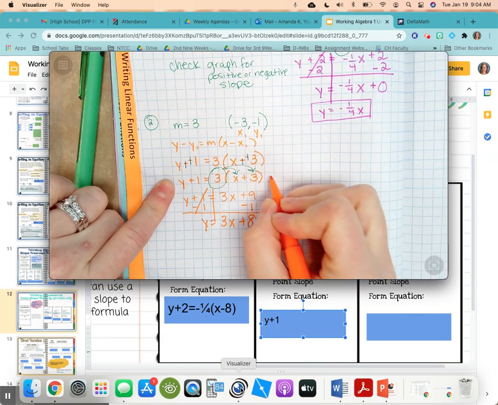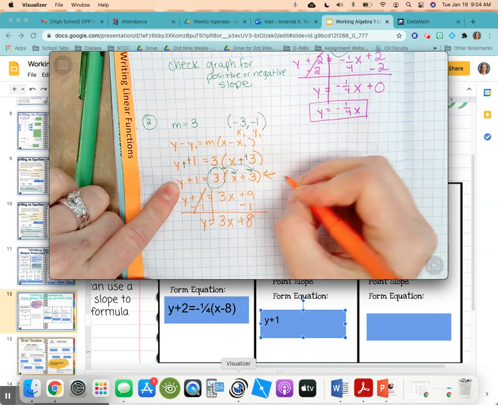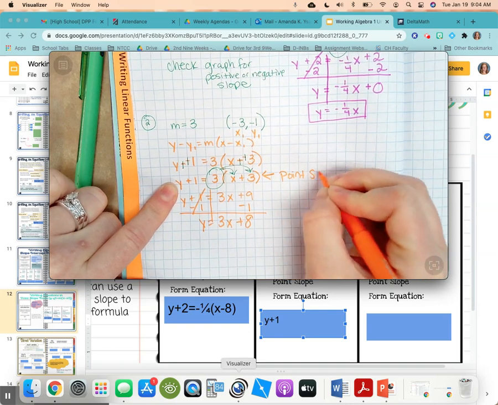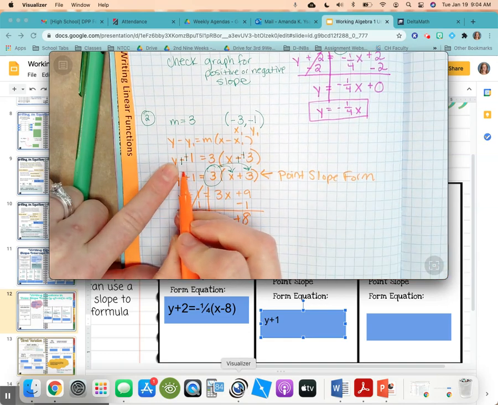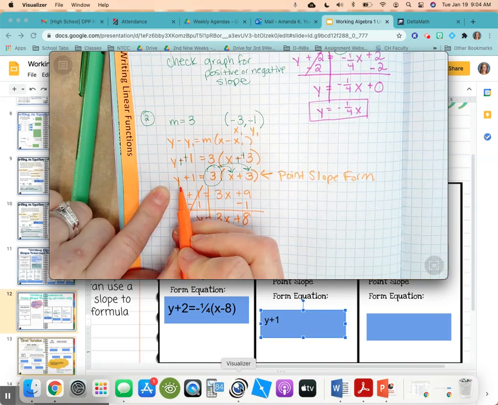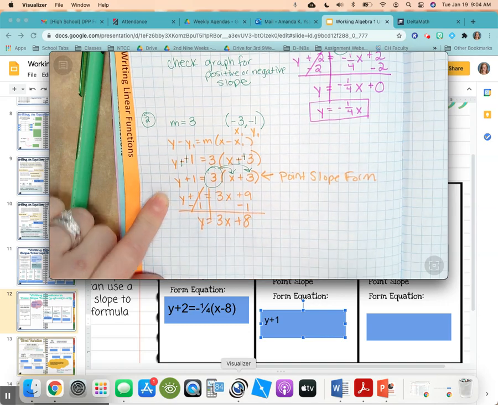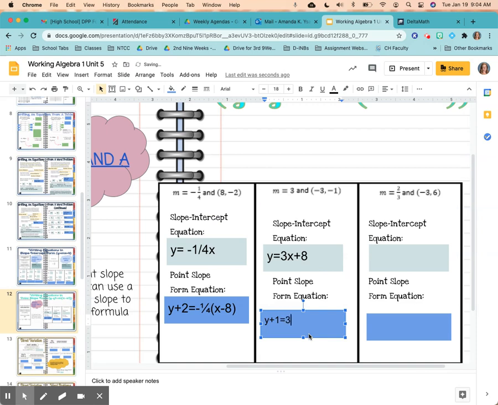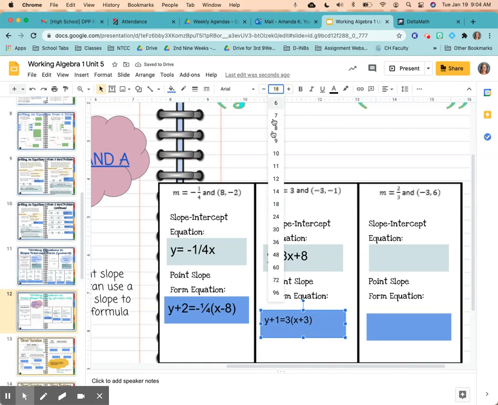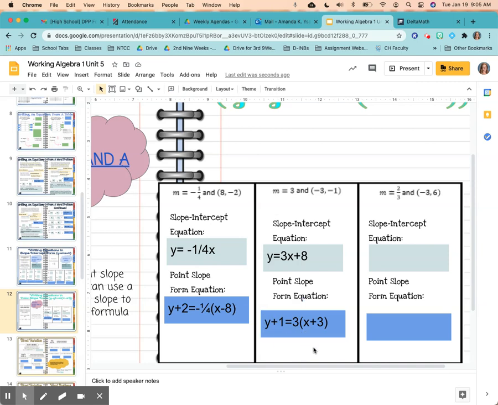This right here is your point slope form. It is after you change any double negative. So it's y plus 1 equals 3, parentheses, x plus 3. So that would be your point slope form after you change your double negatives.